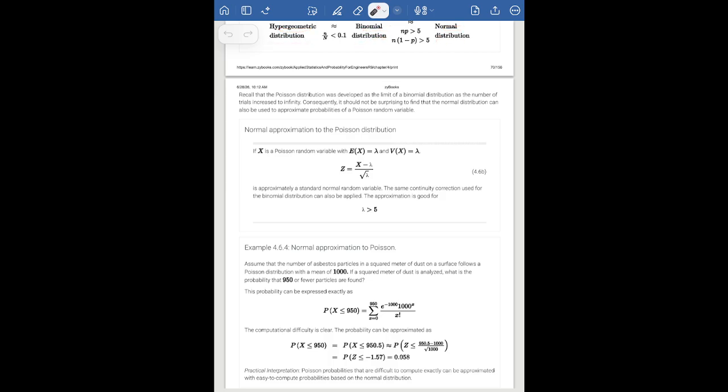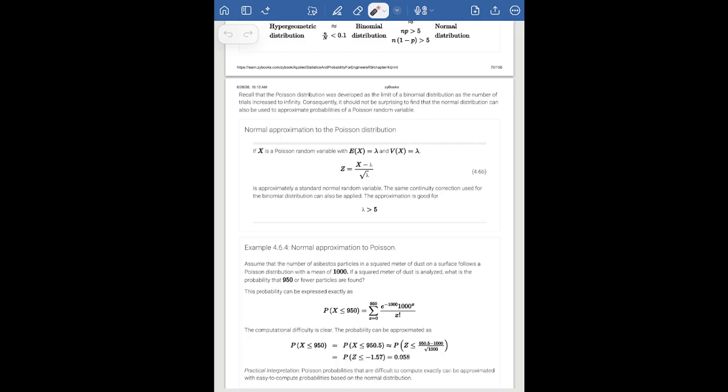And we additionally have a normal approximation for the Poisson distribution. In this case, we would use a Poisson random variable, and remember, the Poisson variable has a mean and a variance that are the same. This is approximately a standard normal random variable if we take this as our Z statistic.